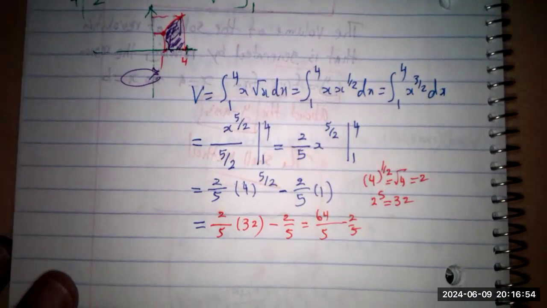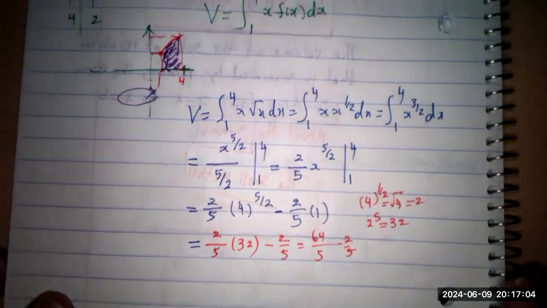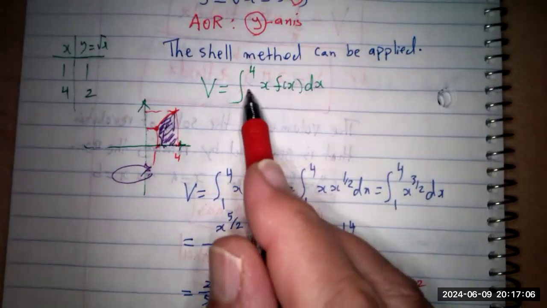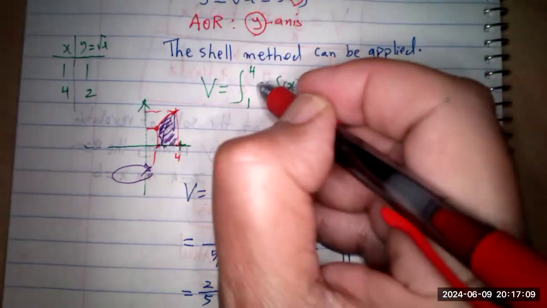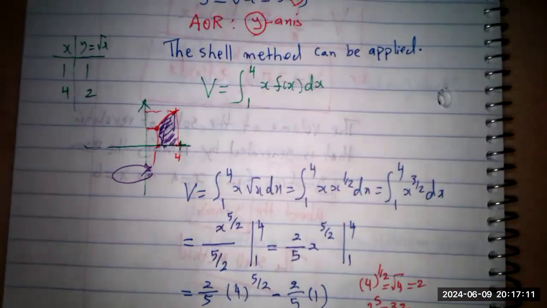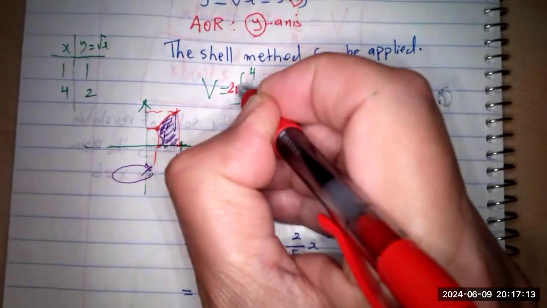So the final answer is going to be, oh, I missed something, sorry. I missed the 2 pi. In the formula, there is a 2 pi here. You can put it outside or inside. I usually put it outside.